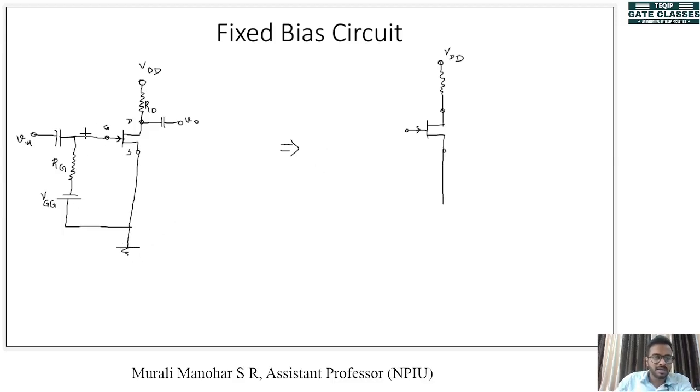Now we know that there is no current here, right? Ig is equal to 0. This is already gone because the capacitor is open circuited. So the current flowing through Rg is 0, and the drop in Rg is now 0 because the current is 0. So we can assume that it is acting as a short circuit. So Rg is removed, it is replaced by a short circuit, and here we have our VGG.